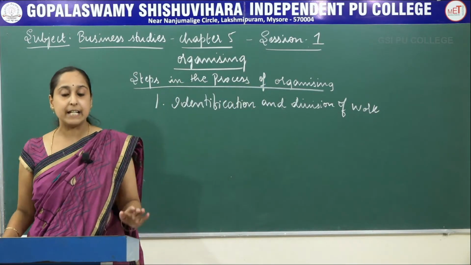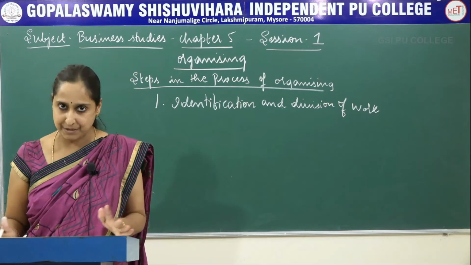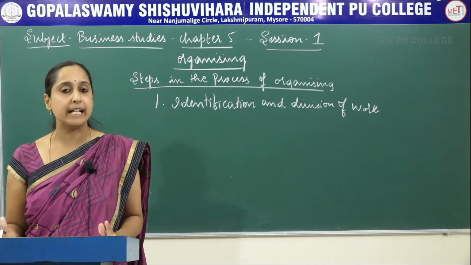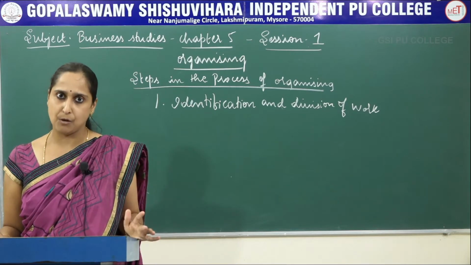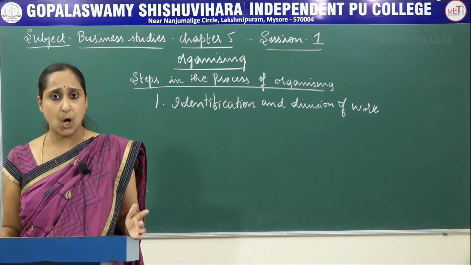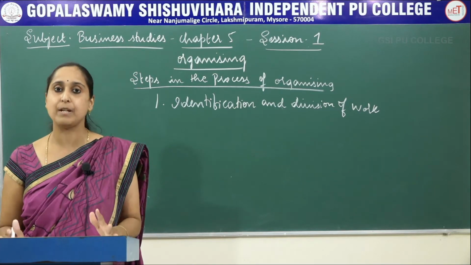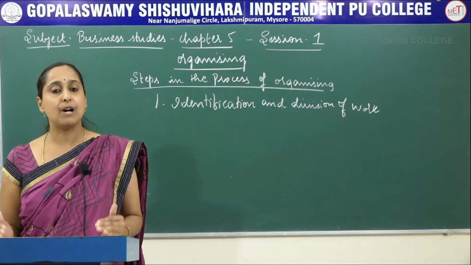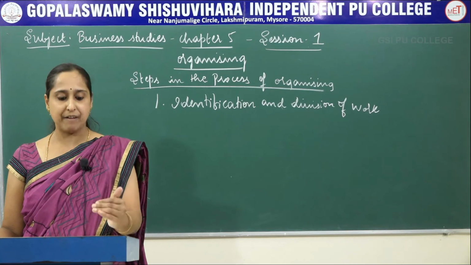See, first the organization has to identify all the activities that have to be done in the organization. For example, preparation of accounts or making sales, record keeping, quality control. So whatever the activities that have to take place in order to achieve the goals of the business, that has to be identified first.